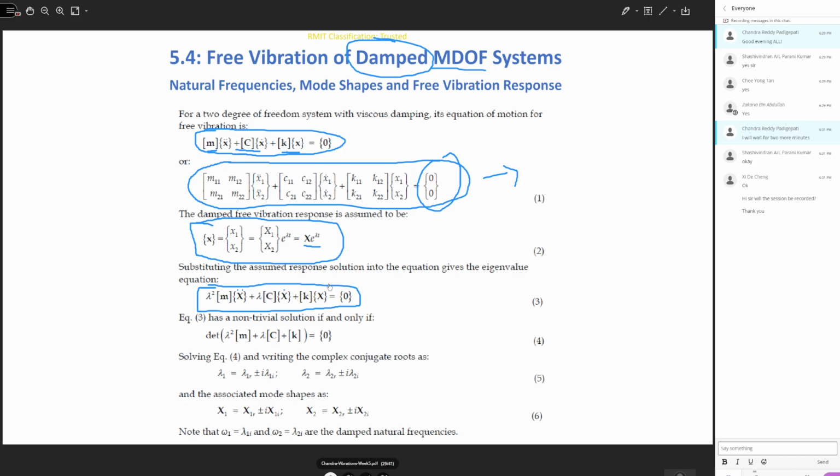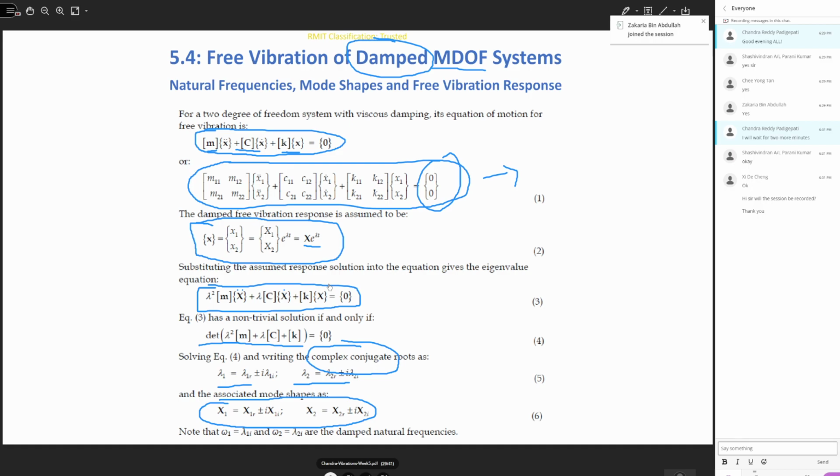Then for non-trivial solutions, the determinant of this must be 0. Solving this equation, you can write the two roots. In this case, the roots will be complex conjugates, meaning they come with an imaginary number i. Once you substitute, the modal shapes can also be written in this format.